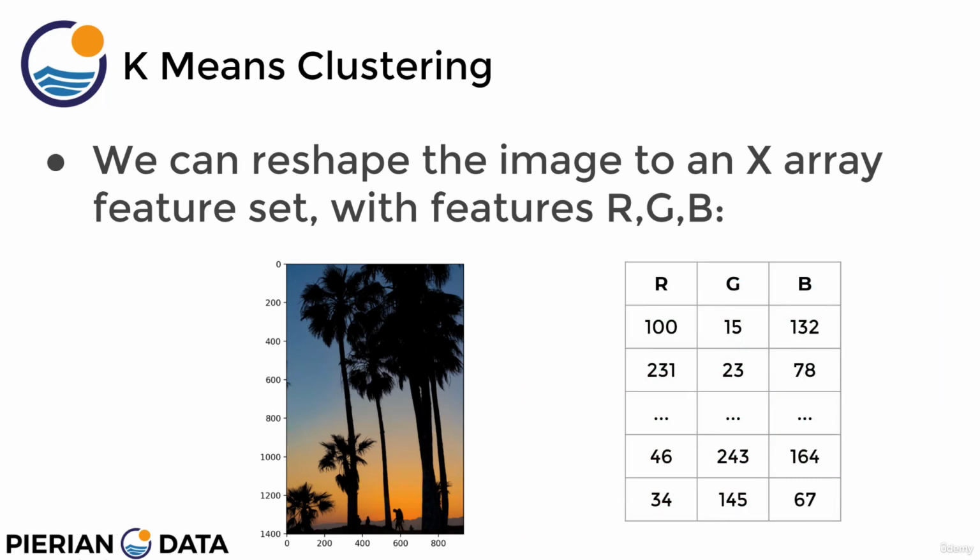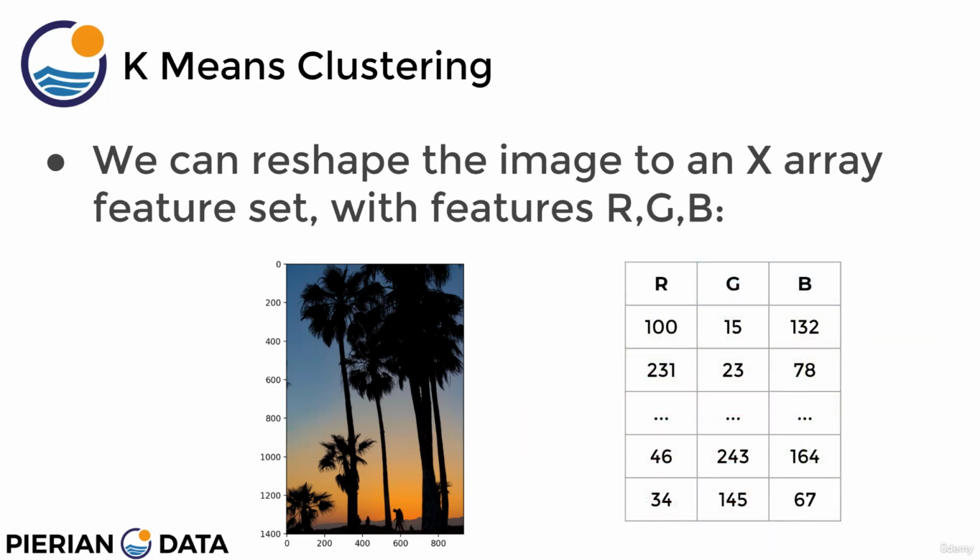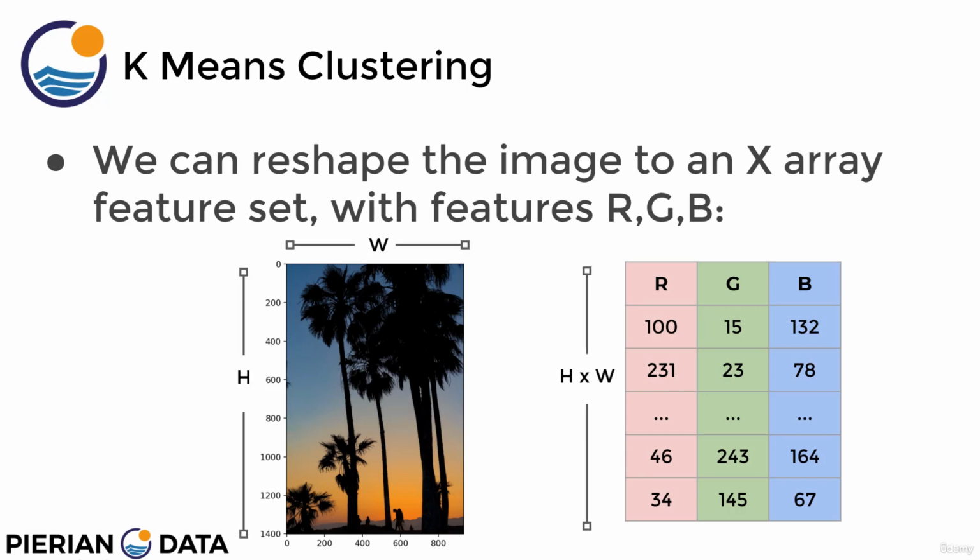So we take this original data and reformat it in this fashion. Every single column now corresponds to a color channel, and we have flattened this out so that the length of the array is now equal to height times width.